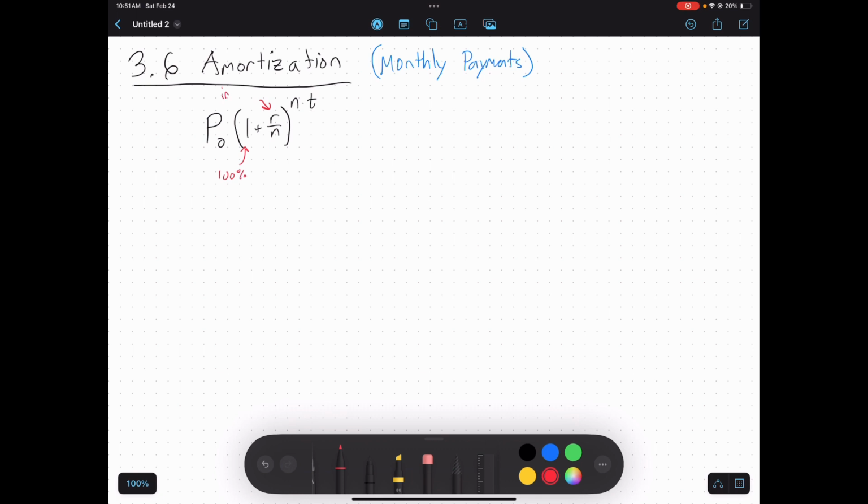r is going to be the interest rate, because you're going to owe 100% plus whatever, like 2, 3%. I guess this is loan interest, so it's usually higher, right? 6, 7% interest that they're charging you. You are also going to owe that much as well. But then this n is the number of times the interest is compounded.